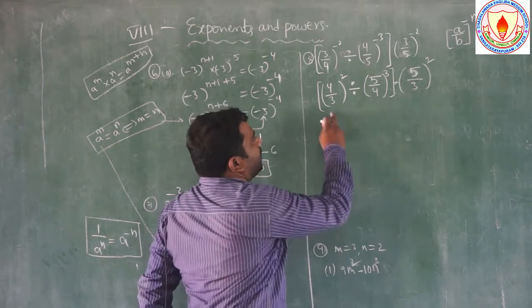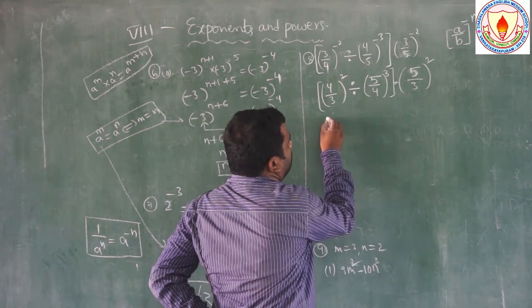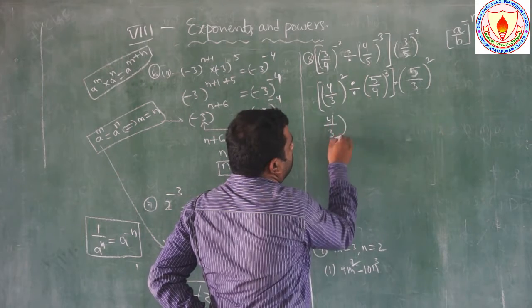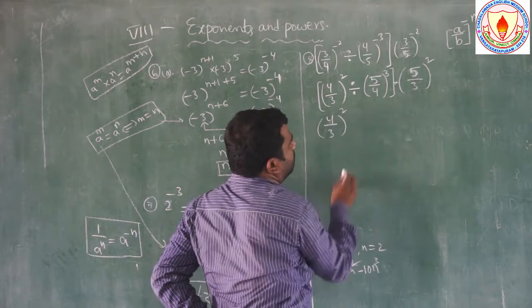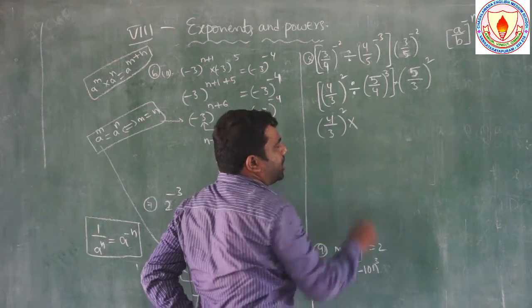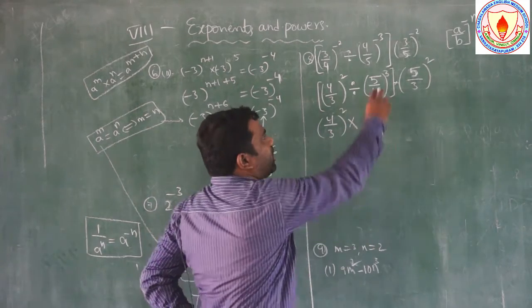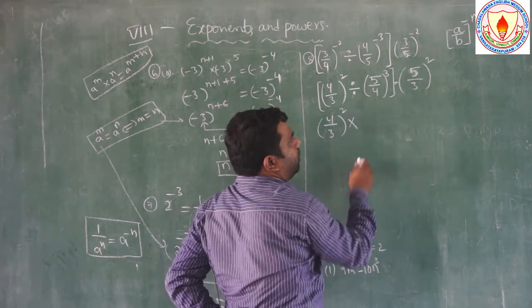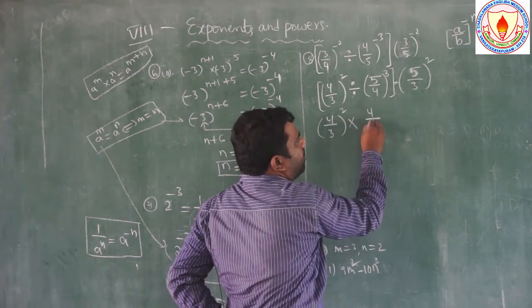Next, expand it. So 4 by 3 whole square, division converted into multiplication. Then after that it reciprocal, again you have to reciprocal. So 4 by 5.